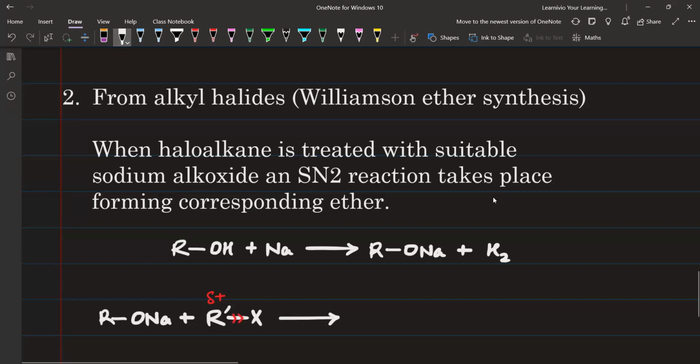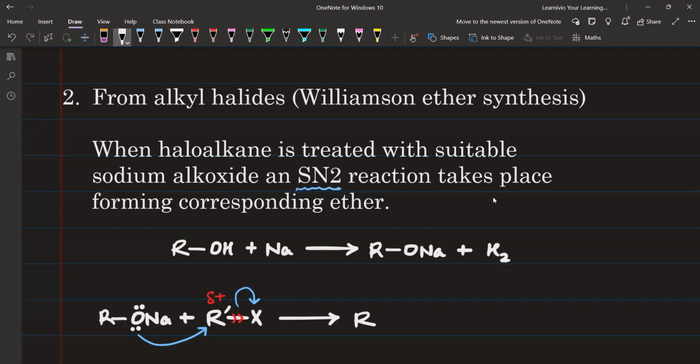Now the oxygen atom of the alkoxide has lone pairs. So this is the electron rich side, and this is the electron poor side. So an attack can happen like this. Oxygen attacks this alkyl group, and this halogen atom goes away as a leaving group. It is an SN2 reaction, so this happens in a single step.